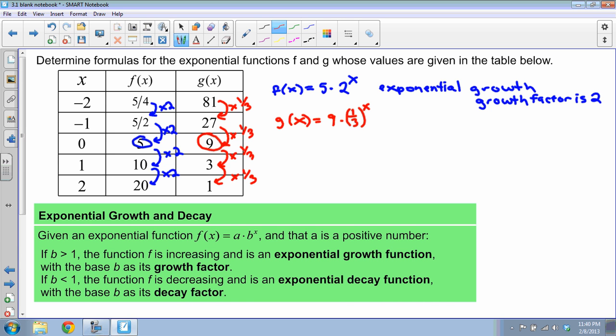On the second one, we would say that this is exponential decay because our b is a number that is less than 1. It's a fraction that's less than 1. And so it's exponential decay. Our decay factor is 1/3.